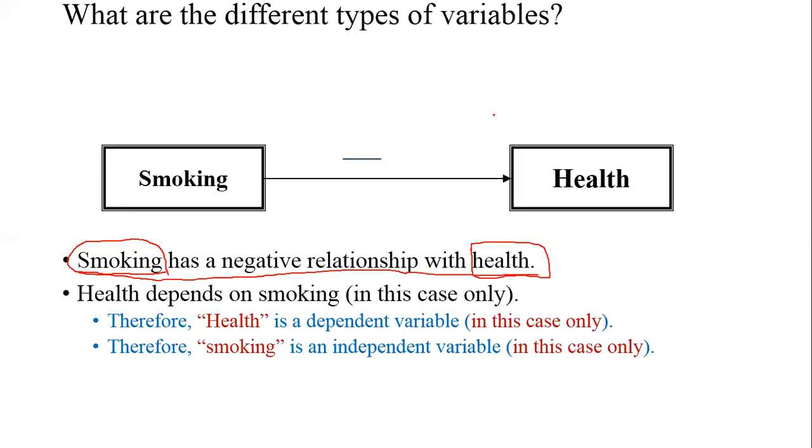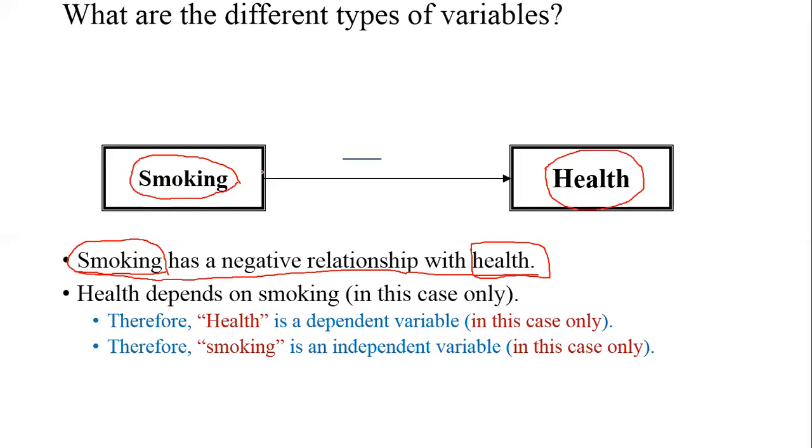So now in this case, health is dependent on smoking, but only in this case. Therefore, we can say that health is a dependent variable, and in this case, smoking is the independent variable.